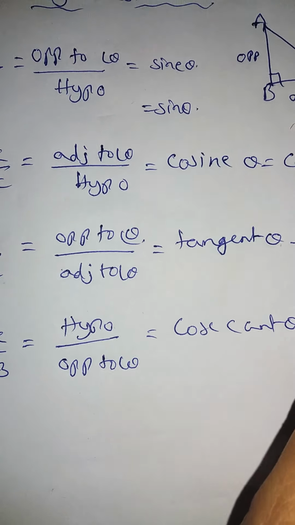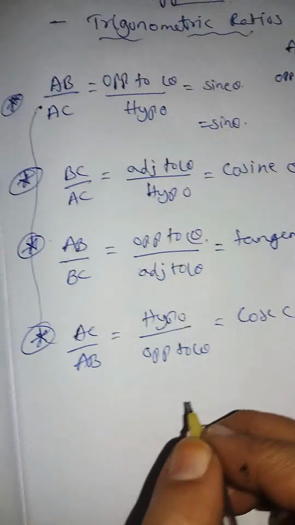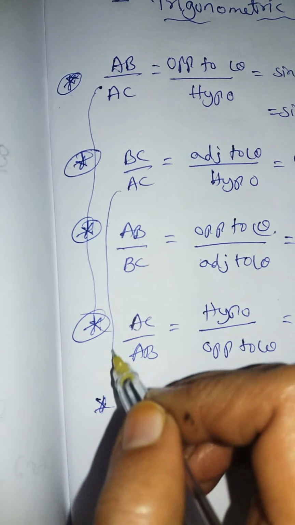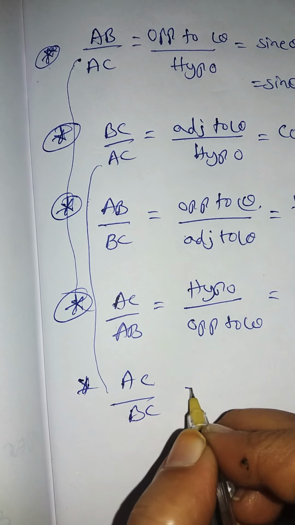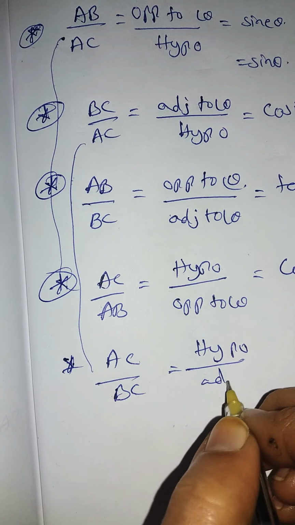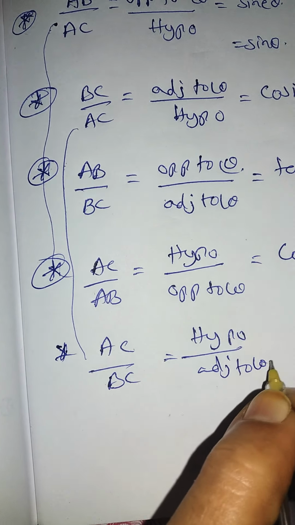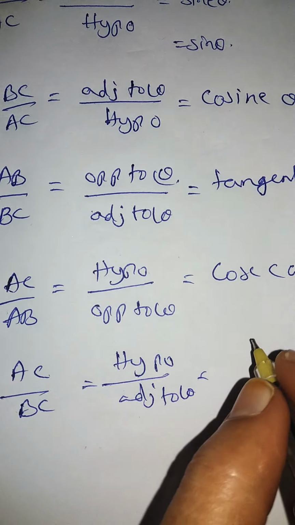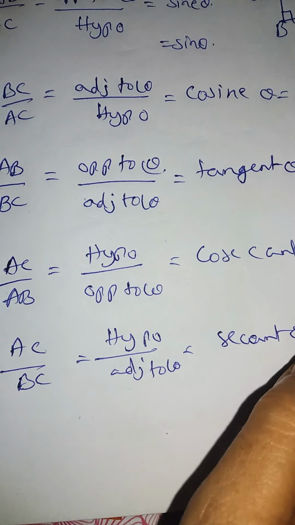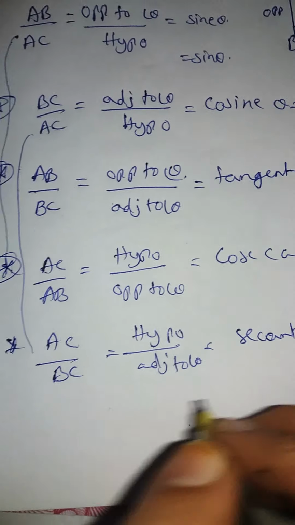The ratio of AC divided by BC, which is hypotenuse by adjacent to angle theta, is secant theta, or sec theta.